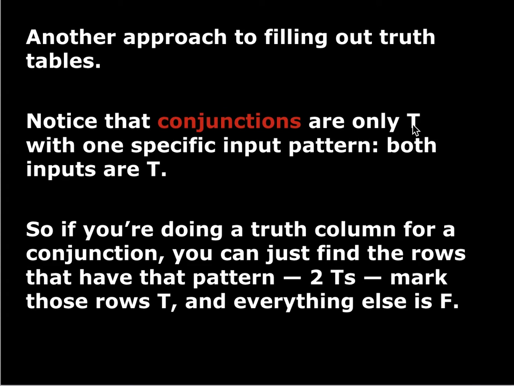Okay? So if you're doing a truth column for a conjunction, one thing you could do is you just find the rows that have that pattern. You just go down and you say, okay, which rows have both conjuncts true? And you put a T on those rows for the conjunction. And then you just make all of the others false. And as long as you actually found all and only the right rows where both conjuncts are true, that'll be fine.